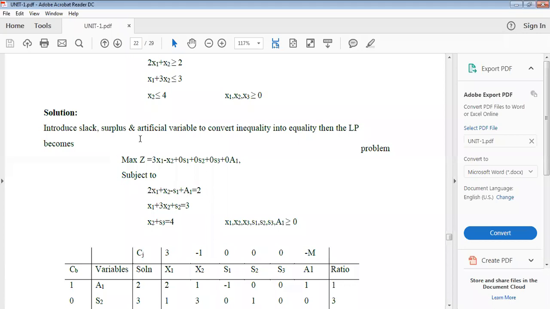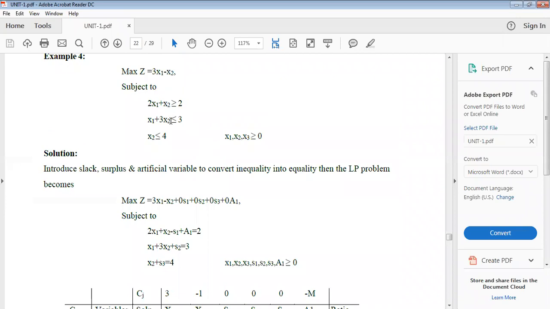Here, after introducing slack variables, surplus variables, and artificial variables to convert this problem, maximize z equal to 3x1 minus x2 plus 0S1 plus 0S2 plus 0S3 plus 0A1.